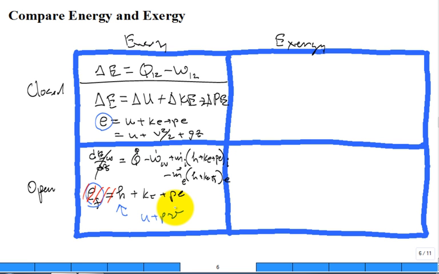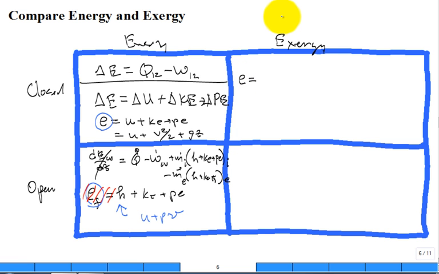You're going to see the same pattern in exergy analysis. I'm not going to write the exergy balance. I'm just going to say the key property when you're doing a closed system analysis is just exergy. And if you're doing an open system analysis, it's a modified exergy. It's called the flow exergy. So what is the exergy? Well, get ready.